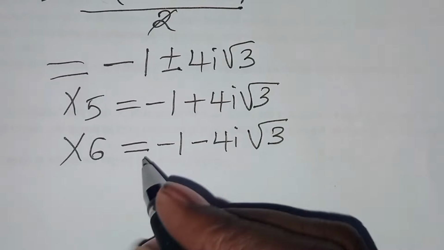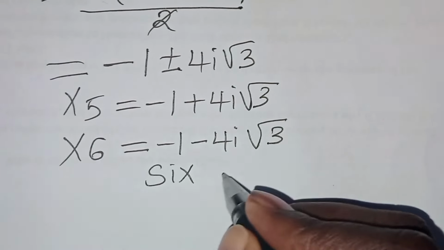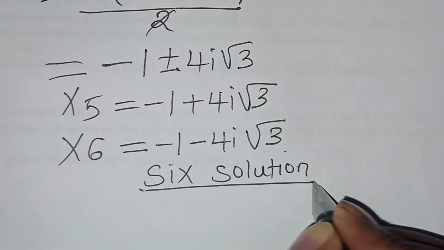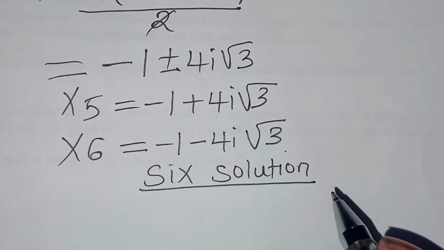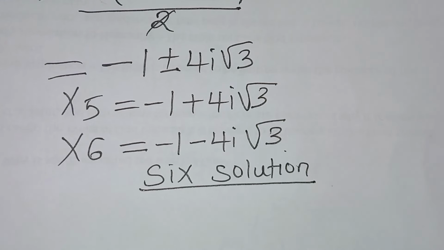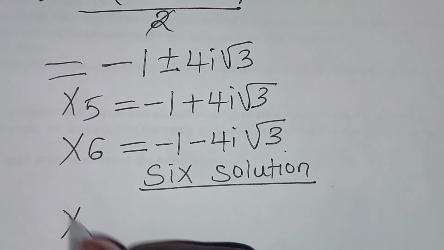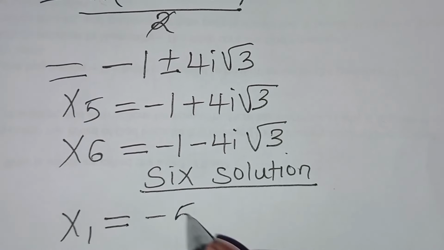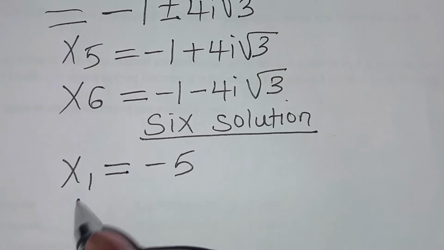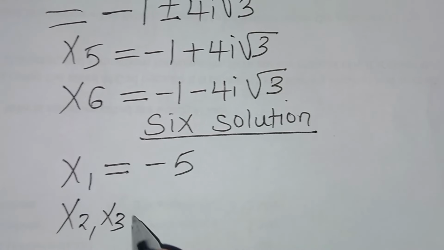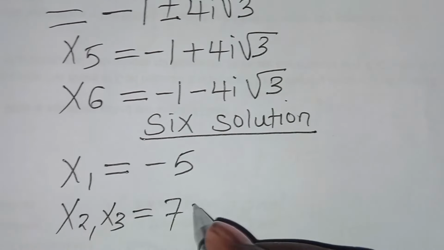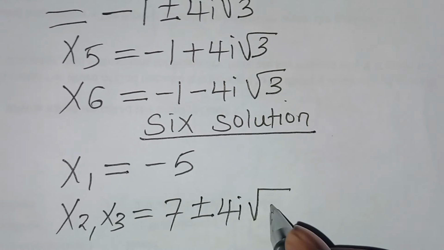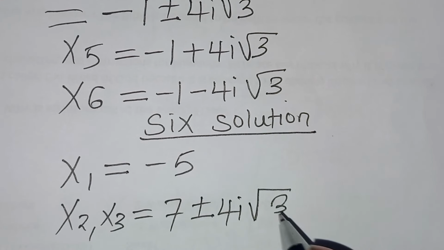And therefore, that implies that we have 6 solutions to this problem. We have that x1 is equal to negative 5. We have x2, x3, which is equal to 7 plus or minus 4i square root of 3.